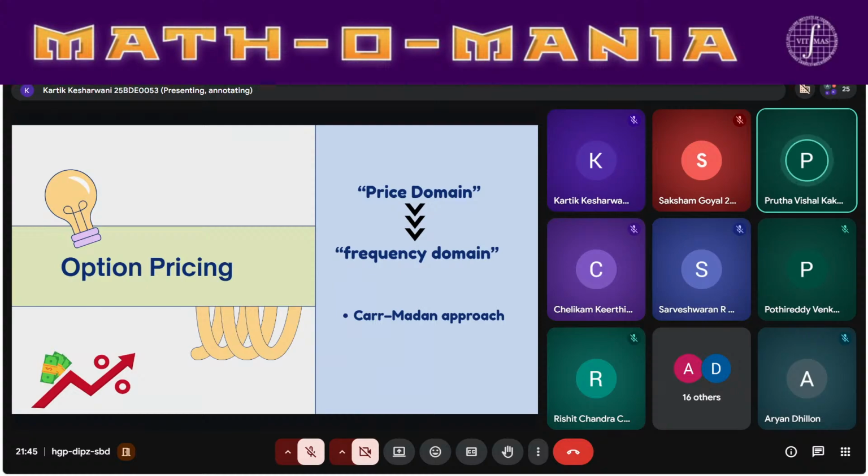Once this transform representation is obtained, numerical techniques like FFT are used to efficiently compute option prices across a range of strike prices simultaneously. This makes Fourier-based methods particularly attractive in practice, especially for calibrating models to market data and constructing volatility surfaces.